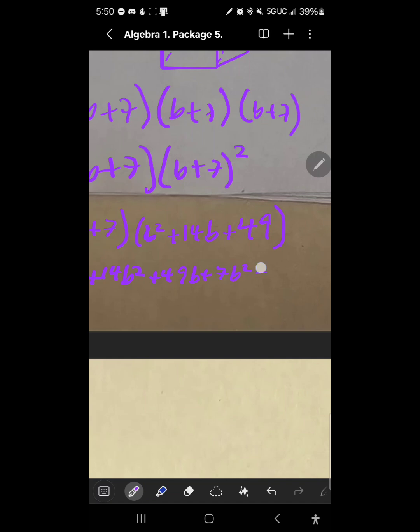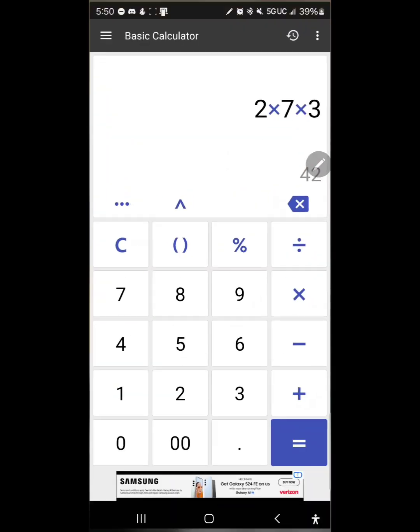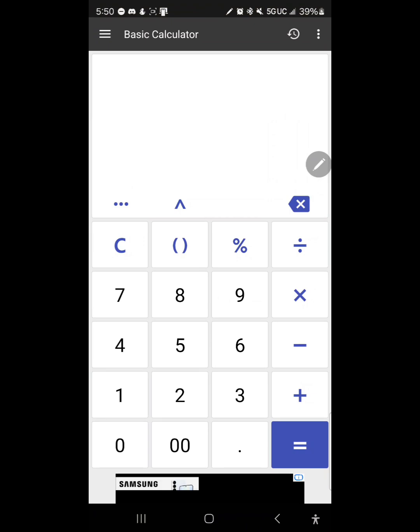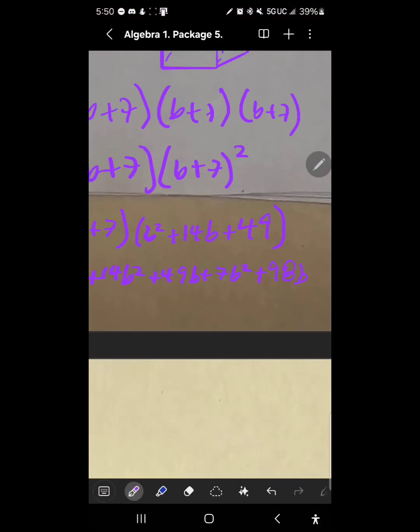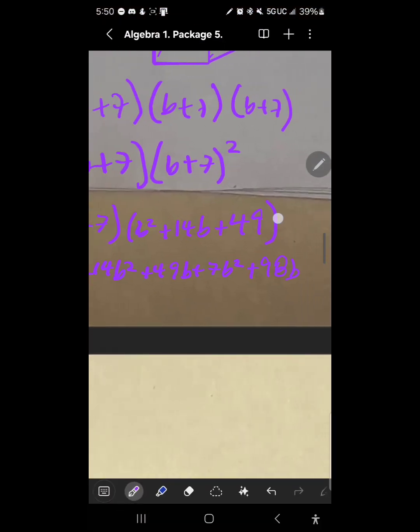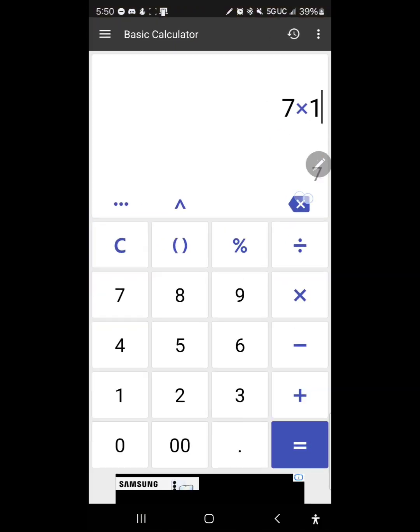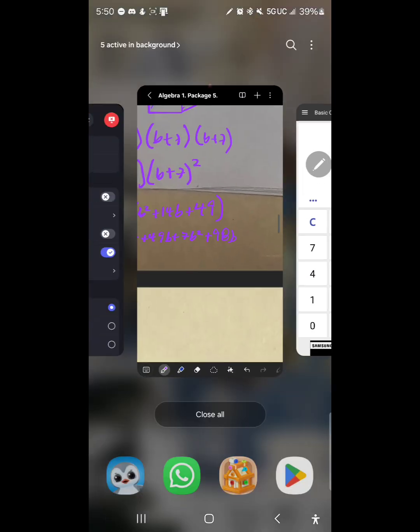Now 7 times 14, that's around 90. It's 98 if I'm not mistaken. Let me check. 7 times 14. Yep, 98b. And then 7 times 49. I just really need to use the calculator for this one. We get 343.